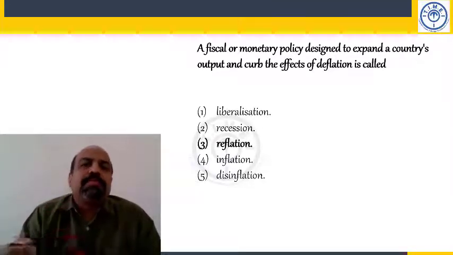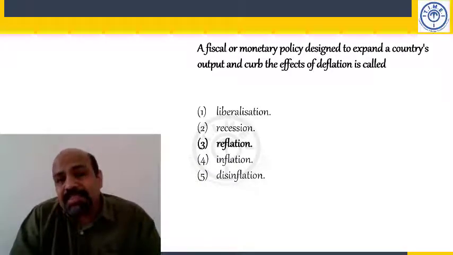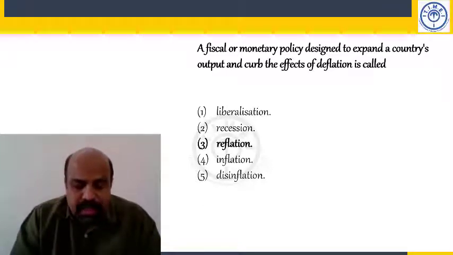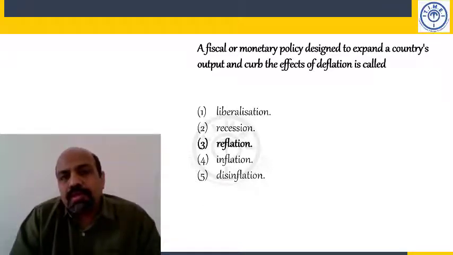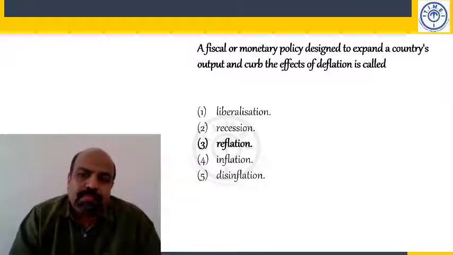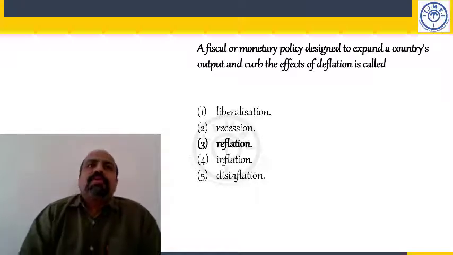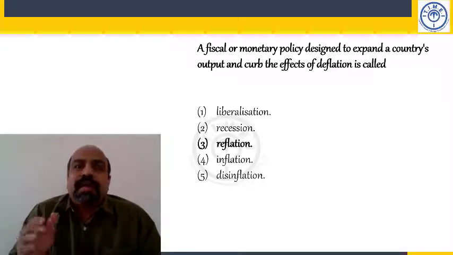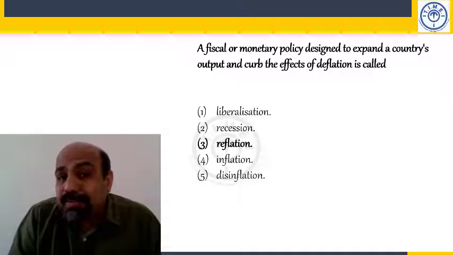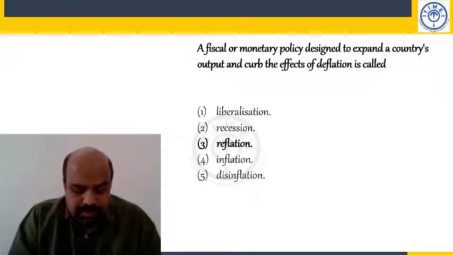Same amount of money you will be able to buy more. Last part, when does deflation happen? Arises when demand is low and money supply is high, and you can write one more reason, and supply also is high.